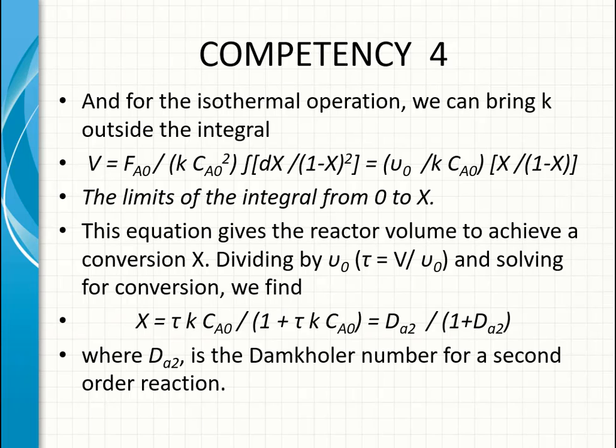We will have that the conversion X is going to be tau k CA0 divided by 1 plus tau k CA0, but tau k CA0 is the Damkohler number for a second order reaction, so X is going to be Da2 divided by 1 plus Da2.